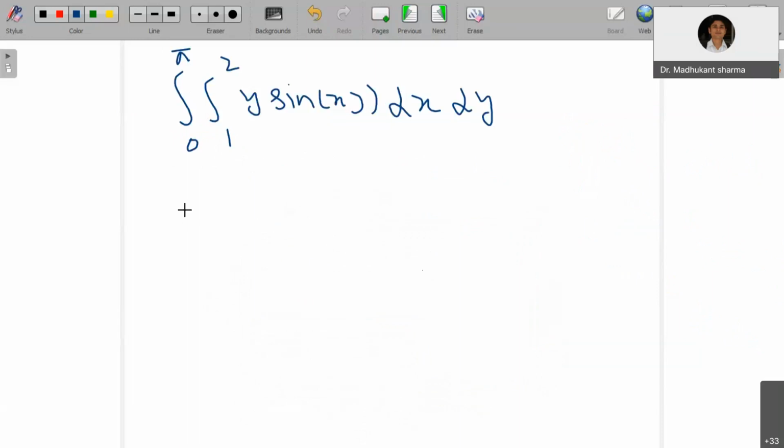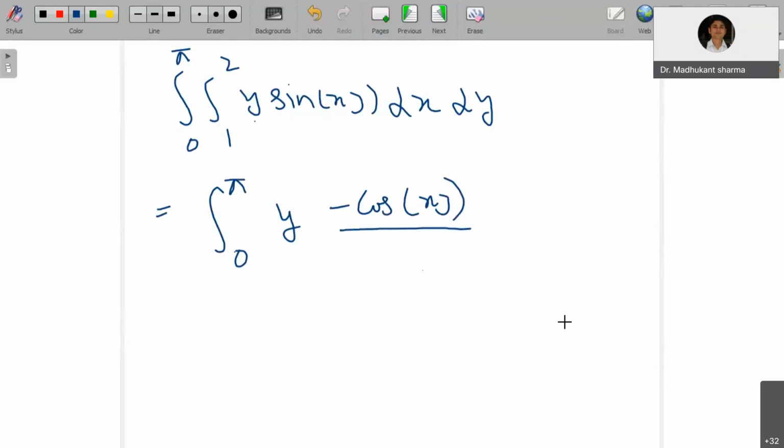Now, how will it help you? Integration from 0 to pi. Here y is independent of x, so y is out. Now integrate sine: minus cos of x y, divided by the coefficient of x, that is y, from 1 to 2, dy.